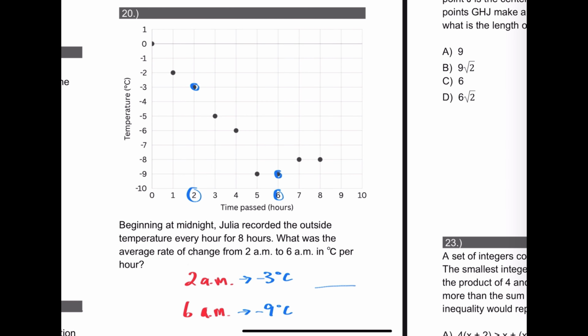So in 4 hours, and we actually want to put the y in the numerator there, it went down 6 degrees, -6 degrees Celsius. And this would simplify to -1.5 degrees Celsius per hour. There you have it.